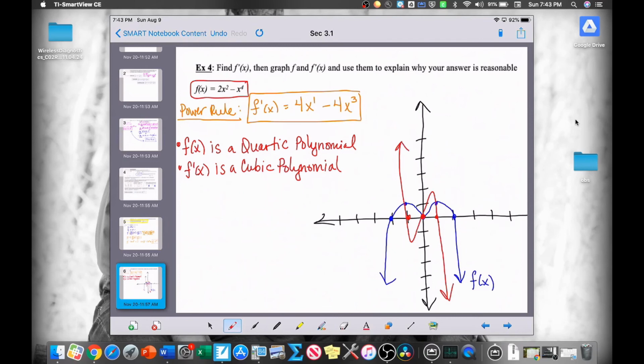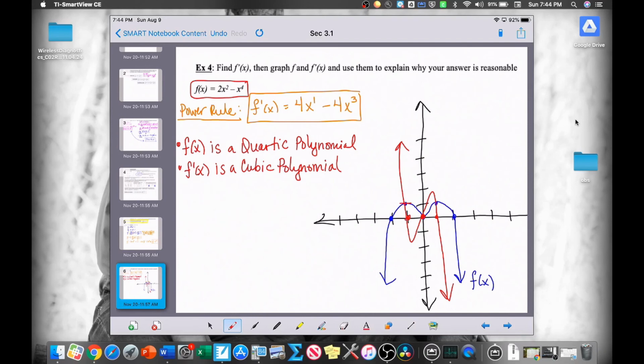All right, so let's talk a little bit about what we know. If we think about where our zero slopes are on our f of x, on our blue graph, those should line up with our x-intercepts on our red graph, and they certainly do, right?